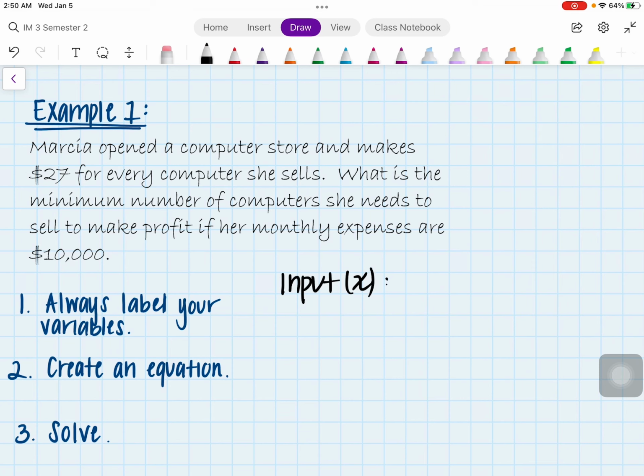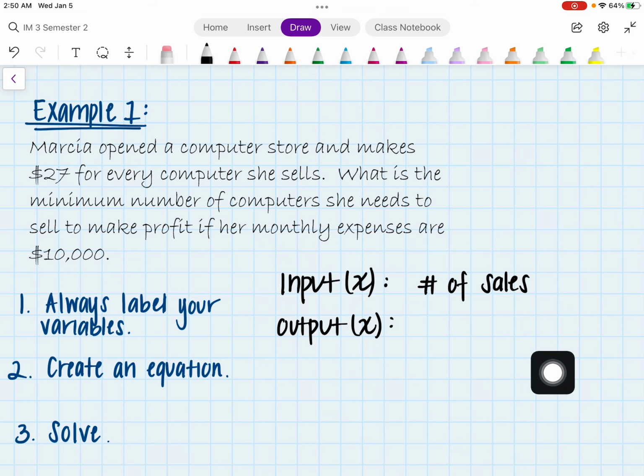Which represents the X, and the output. Input in this case, guys, is what we're putting in. Output represents what's expected of us to get at the end of the day. So input in this case is the number of sales, which is what we will be selling.